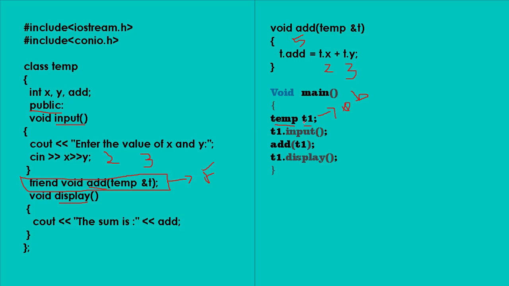Using this object name we are able to access the member functions of the class. So input is called here, the control will go to this input and we will accept the two values, then add.